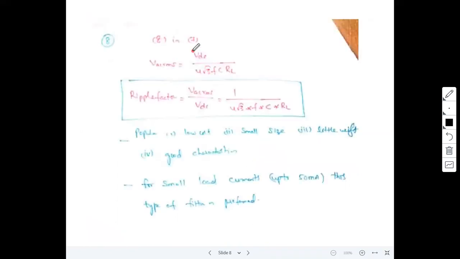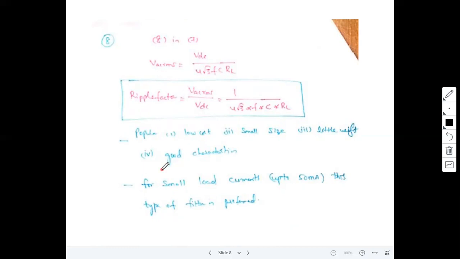So VAC RMS is equal to VDC by RL, 4 root 3 into F into C. Now the ripple factor is equal to VAC RMS by VDC, that is equal to 1 by 4 root 3 F into C into R.